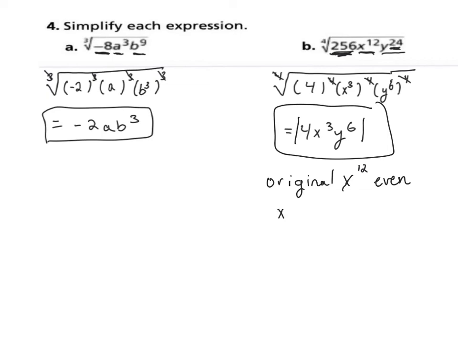But our new x term was x cubed, which is odd, right? Because it changed to odd, that means it could be negative, right? But in the original problem, it had to be positive because it was x to the 12th power, okay? So to make sure x is positive, what we're going to do is put the absolute value.